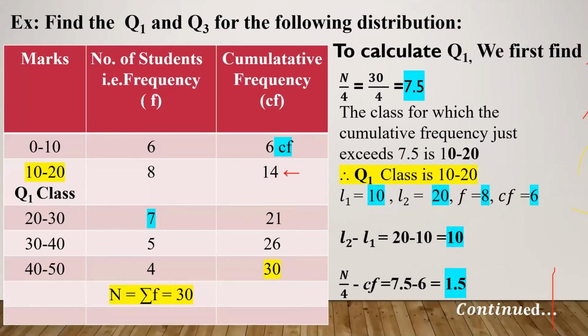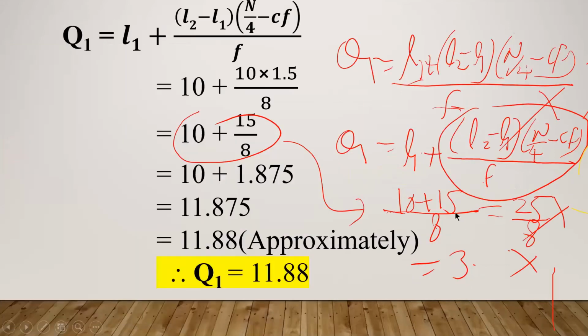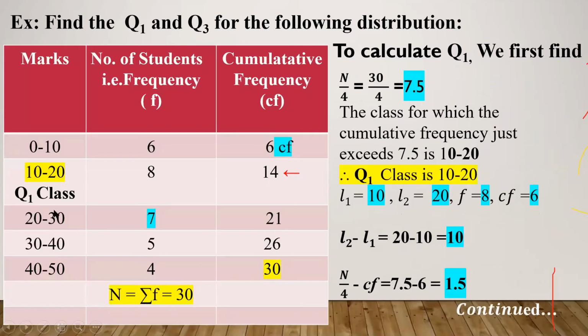If you make this kind of mistake, that is, 10 plus 15 and you extend the division up to here and solve the problem this way, you will get 3 point something. So this value is not between 10 and 20. So you yourself can check that your answer is wrong. Okay, so the value of Q1 should be between 10 and 20. If it is not between them, it means you have made some mistake.